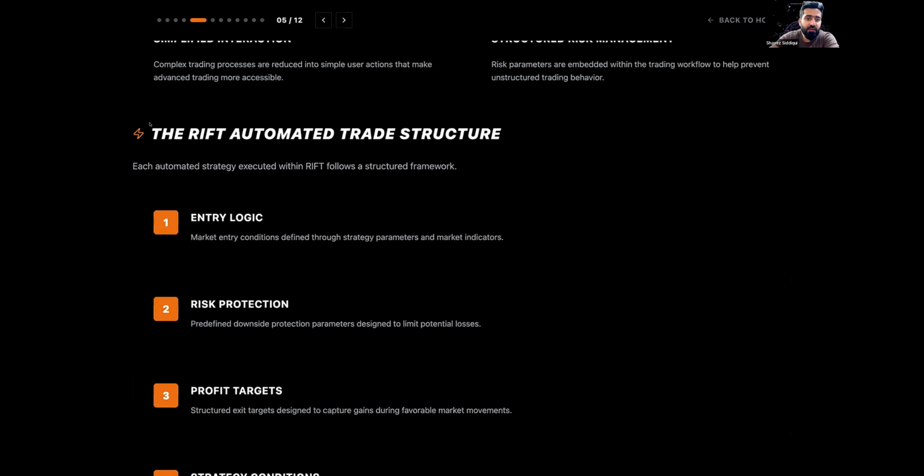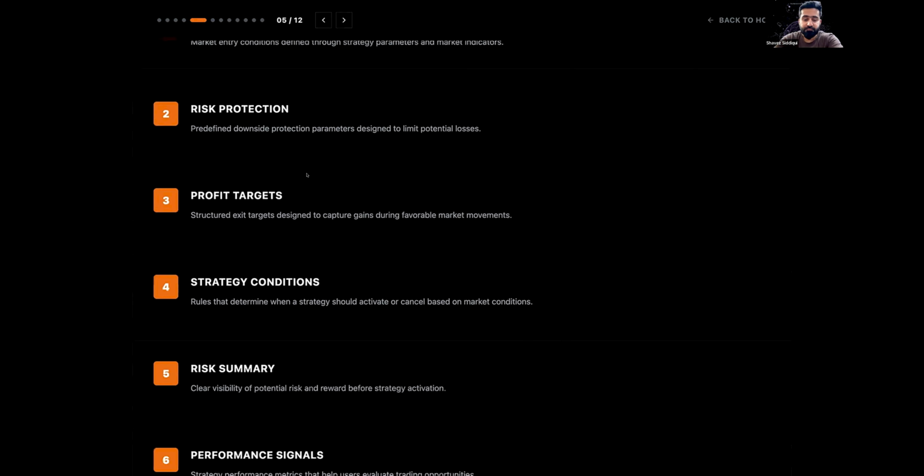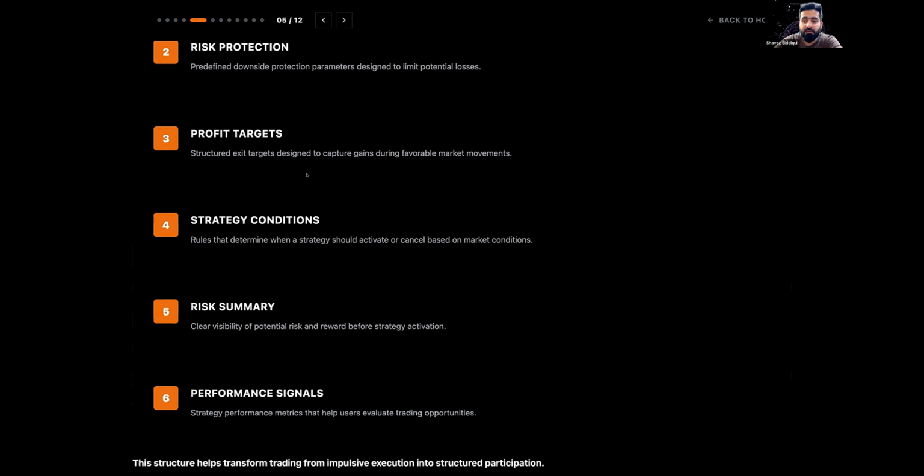This is the automated trade structure of Rift. There is entry logic, risk protection, profit targets, strategy conditions, and a risk summary. I'm telling you, even the manual trading part of Rift is so automated that you will feel like you are running an auto trading ecosystem, and that is not so manual.